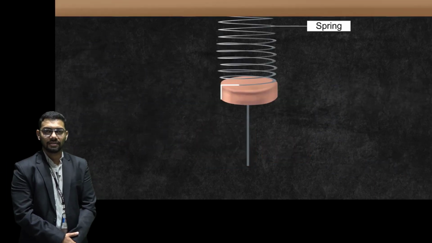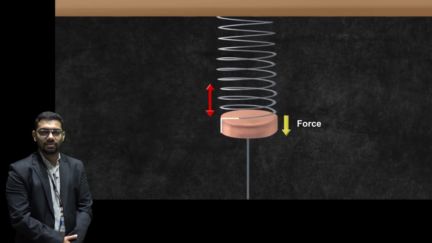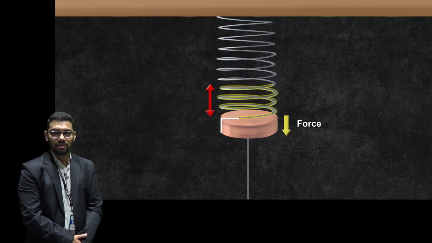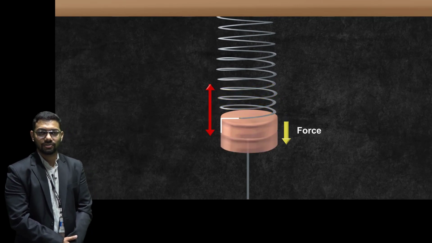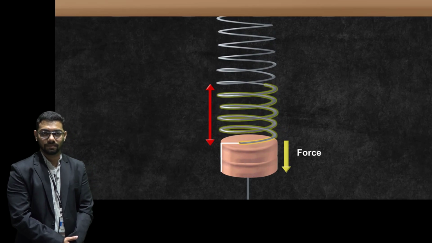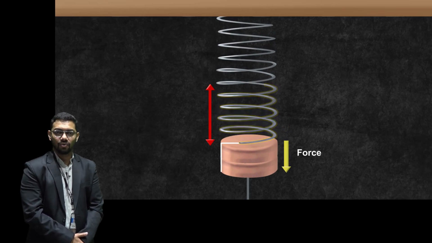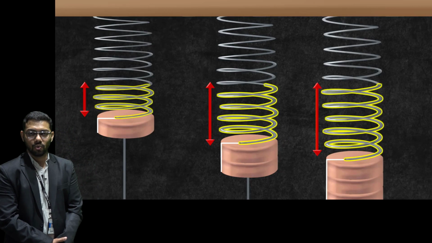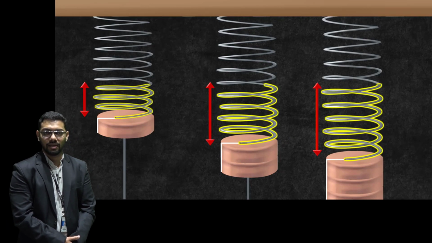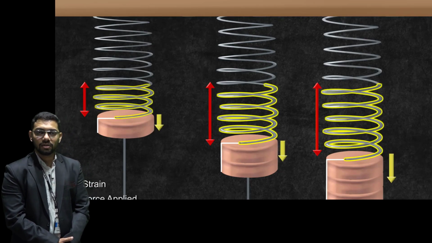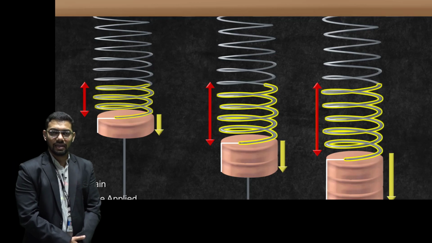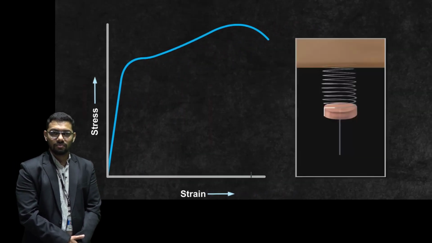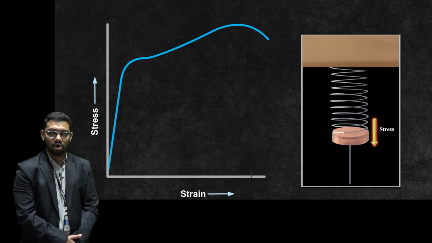For this, let us take a spring and stretch it by applying force. This causes a change in the length of the spring. Now, change the force applied and again note the change in the length of the spring. Record the fractional changes in the length of the spring, and for different forces different values can be obtained.